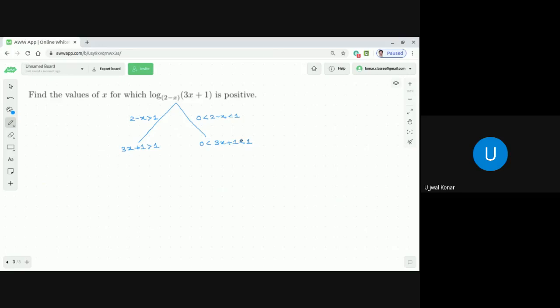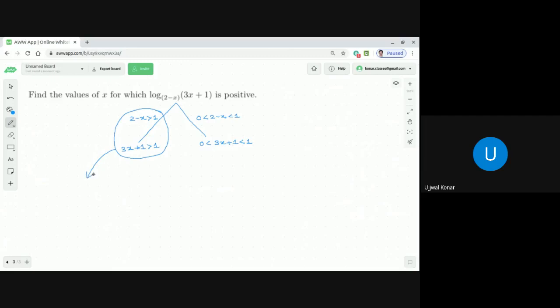You can look at the table and you agree to this one. So we are going to get 2 minus x greater than 1 and 3x plus 1 greater than 1. Let's see what we are going to achieve.